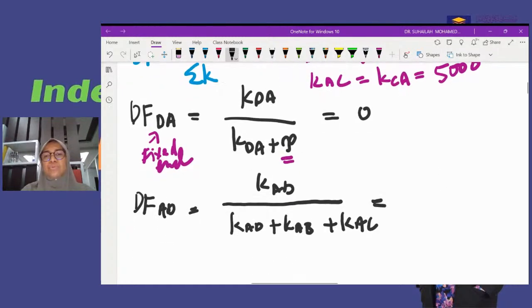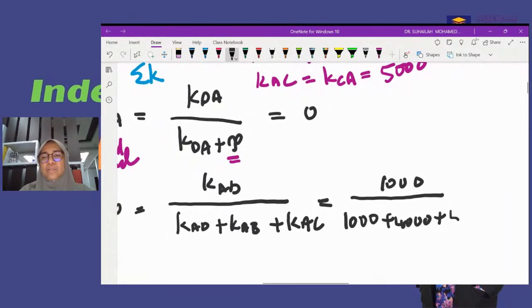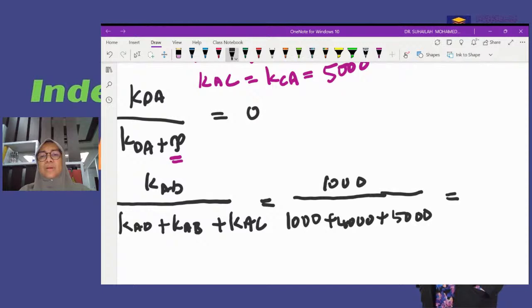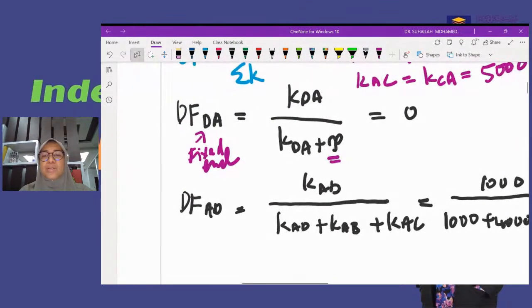So this is equal to KAD, 1000, divided by 1000 plus 4000 plus 5000, and this is equal to 0.1. Joint stiffness means the K at A. AD is the member, A is the joint.